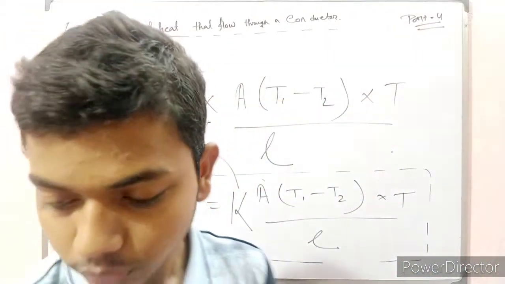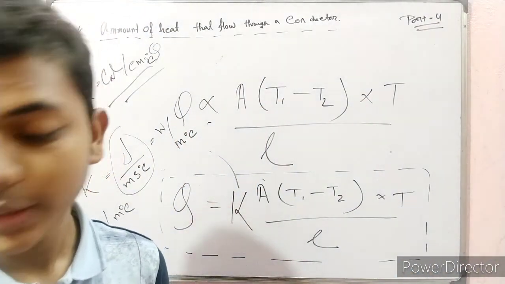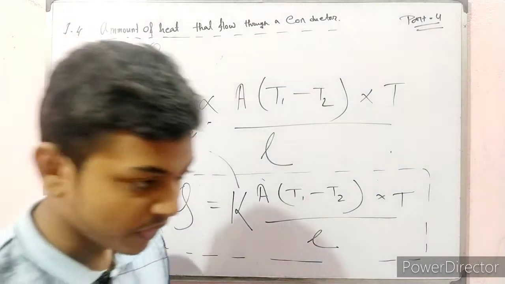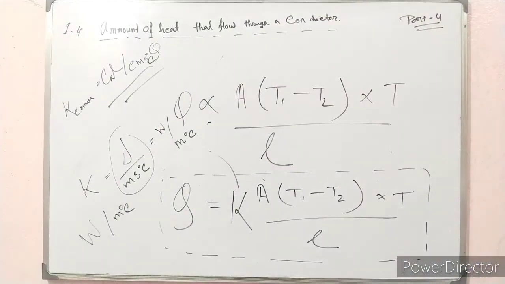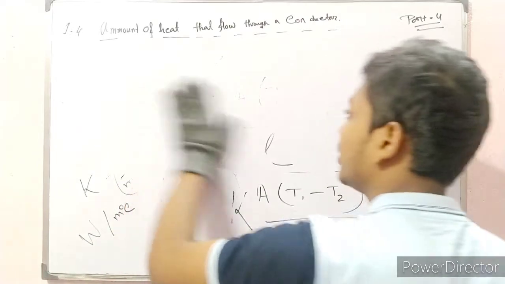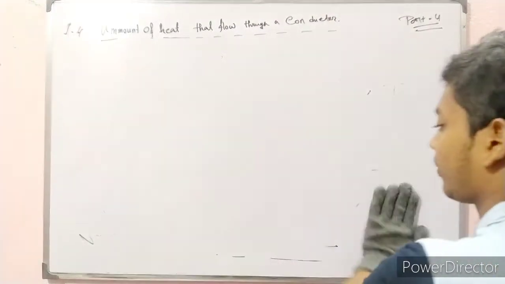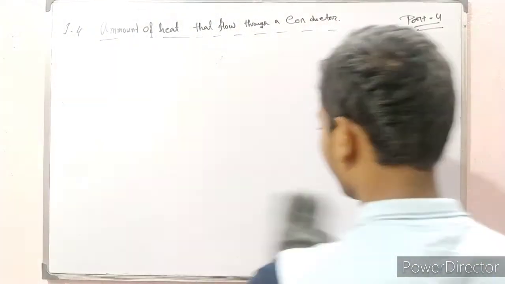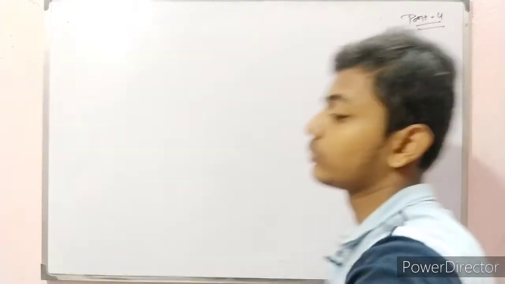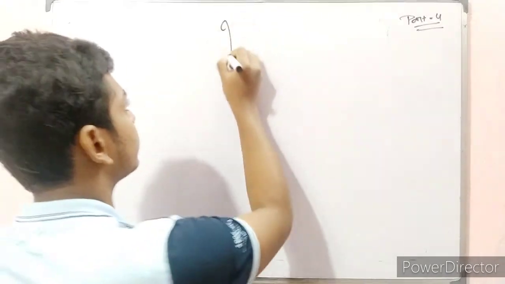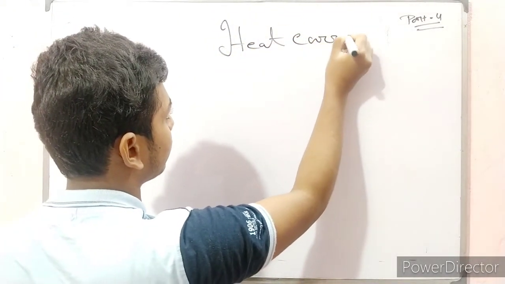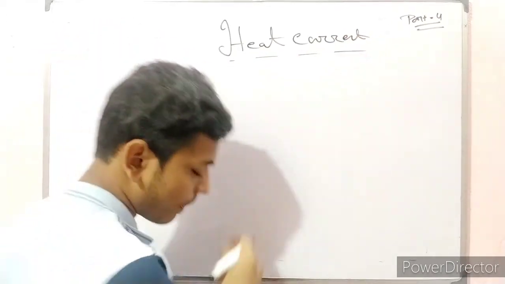Now we can talk about the rate of heat flow, meaning the heat current. This is the last topic of this chapter: heat current.